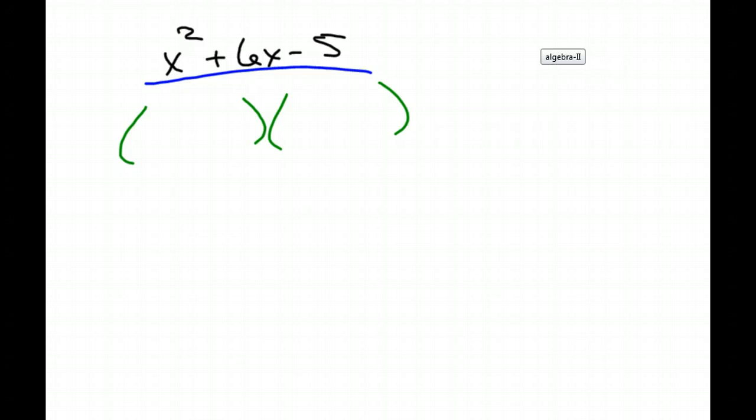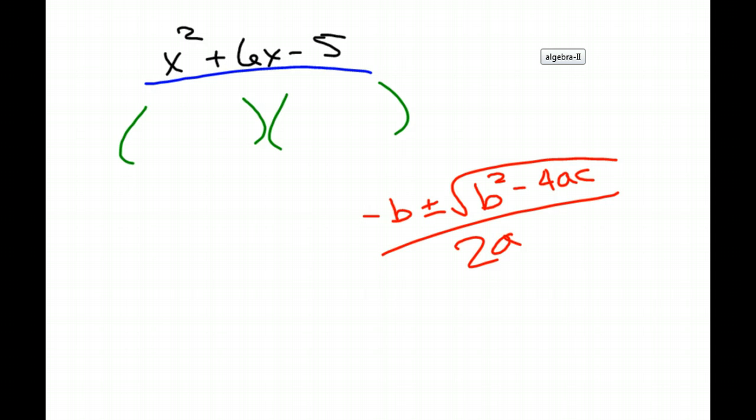The second way that we'll be doing later on is called completing the square. And the third one is called using the quadratic formula. Have you guys heard of the quadratic formula? Have you seen that? Yes.